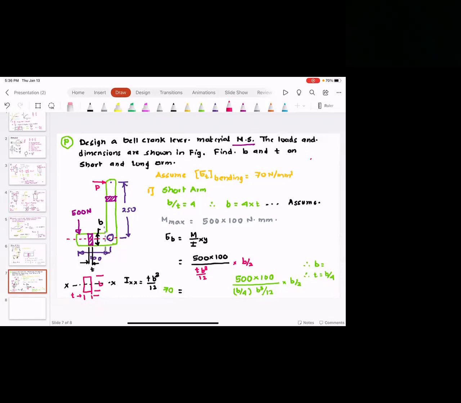But at any rate, what do I need? I need the product of P multiplied by 250, which is the same as 500 multiplied by 100.